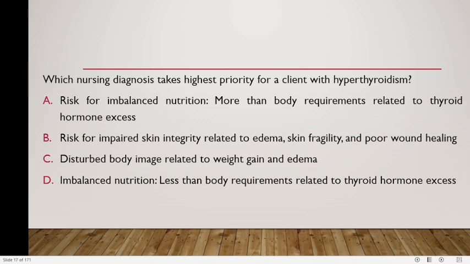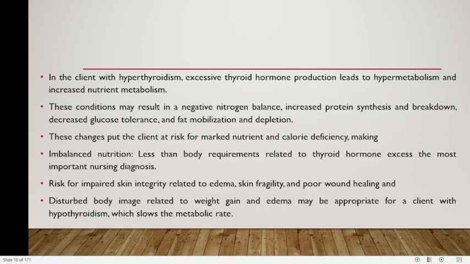Imbalanced nutrition less than body requirements related to thyroid hormone excess. In clients with hyperthyroidism, excessive thyroid production leads to hypermetabolism and increased nutrient metabolism. This condition may result in a negative nitrogen balance, increased protein synthesis and breakdown, decreased glucose tolerance, and fat mobilization and depletion.